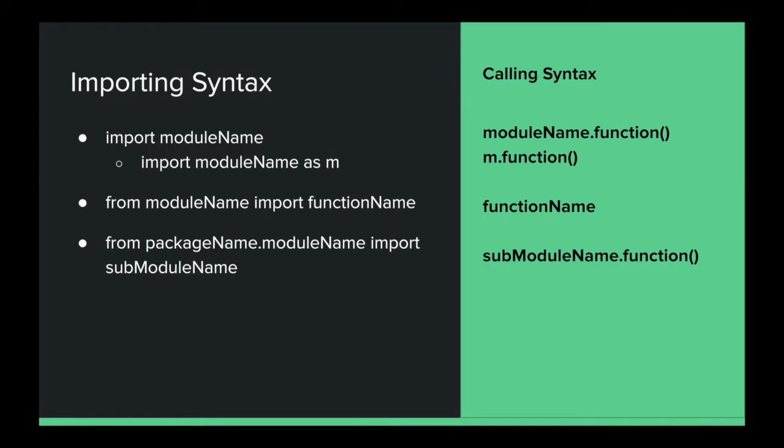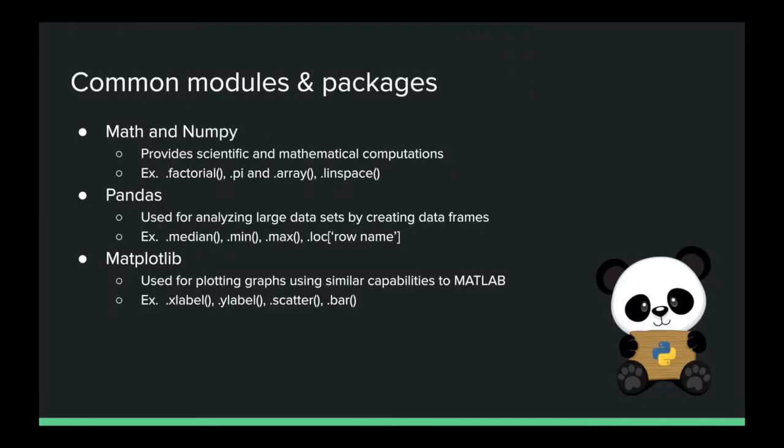So now I'm just going to talk about the common modules and packages that Python uses that are helpful for different functions. So the main two are math and NumPy. These two modules are related to scientific and mathematical computations. So that's why those are the most commonly used.